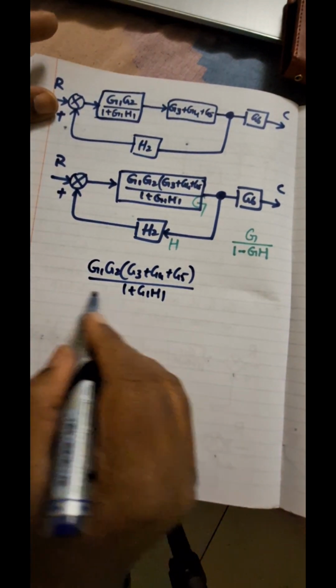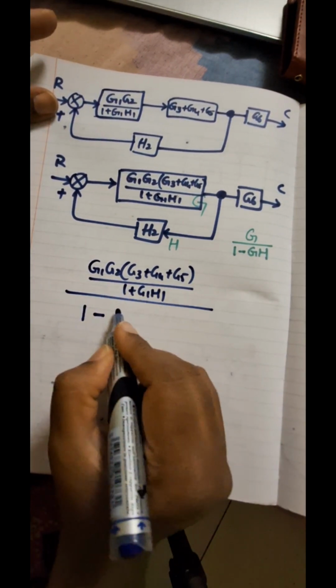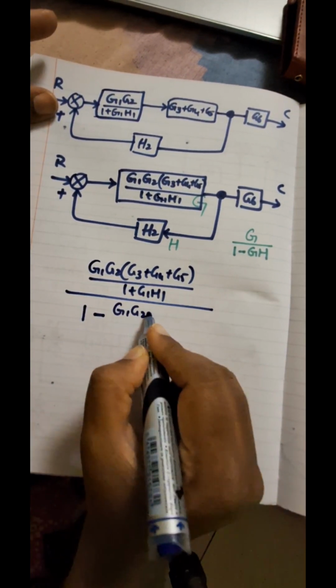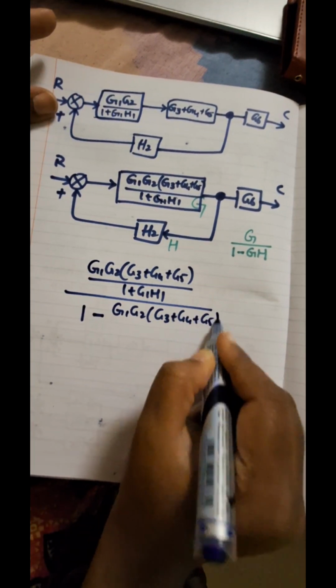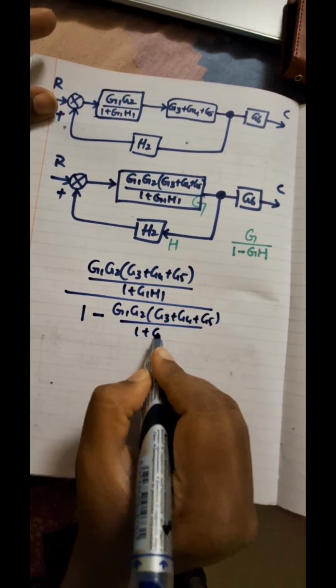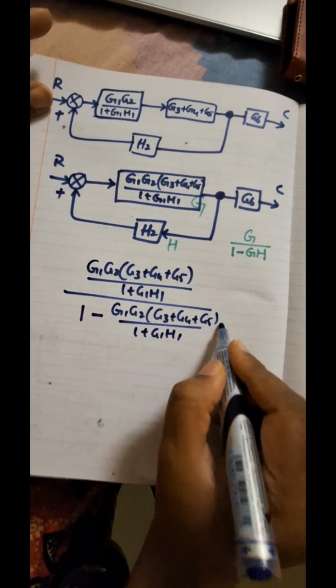So this is G by 1 minus GH again. So again you should write G: G1 G2 into G3 plus G4 plus G5 by 1 plus G1 H1 into H. What is H? H2.